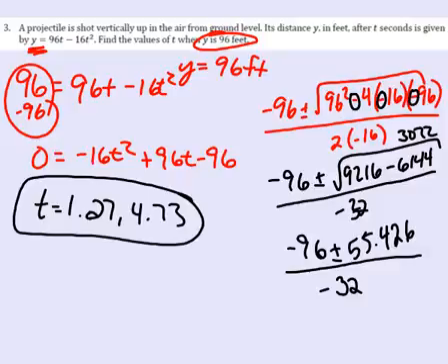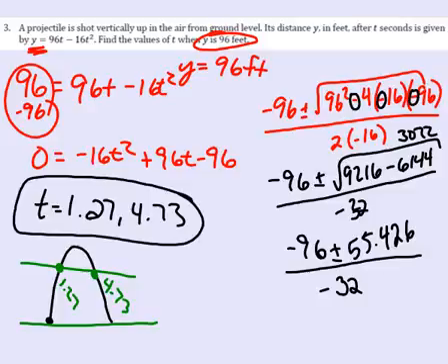So what that means to me is that it's going way above 96 feet. Meaning this projectile is shot up, comes back down. In my graph, this is probably the 1.27, and this one is probably the 4.73, if this was seconds going this way.